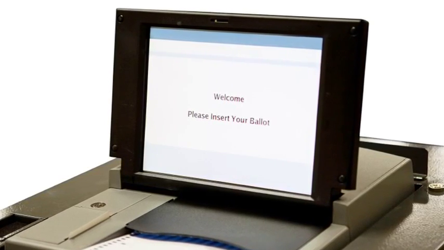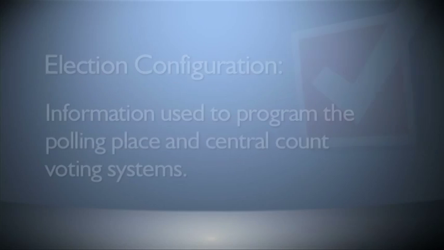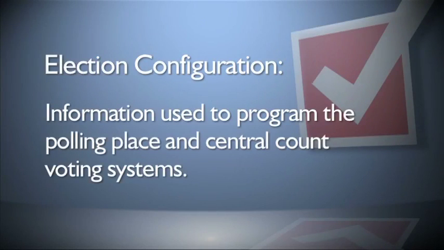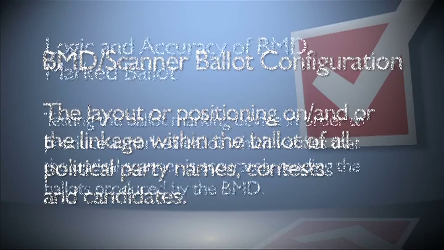Each county board is responsible for preparing a test deck to verify the following: election configuration. This is the information used to program the polling place and central count voting systems. BMD scanner ballot configuration. The layout or positioning on and/or the linkage within the ballot of all political party names, contests, and candidates.